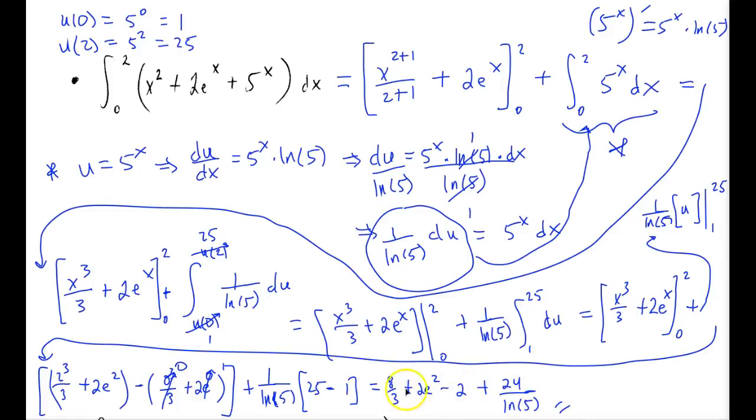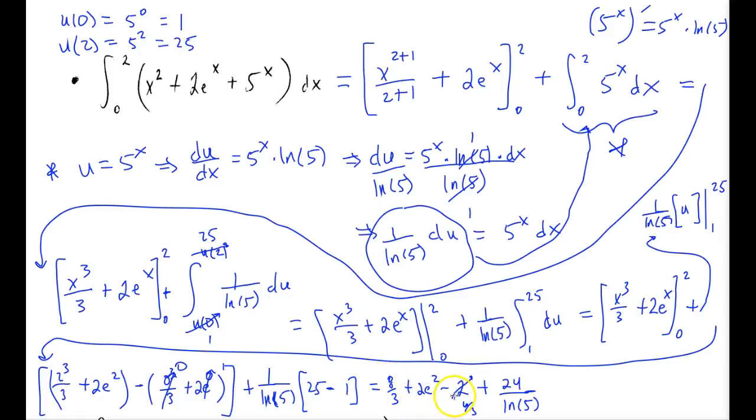The only thing that we need to do at this point is just combine the 8/3 and the 2. So to do that, of course, we realize that 2 is going to be the same thing as 6 over 3. So here we'll say that's the same as 6 over 3.